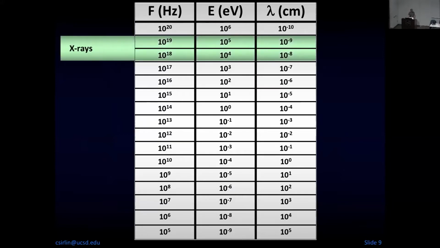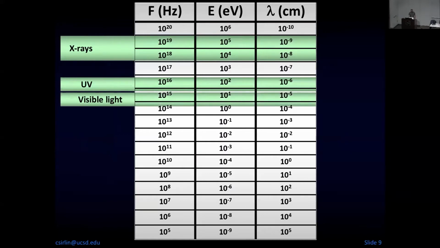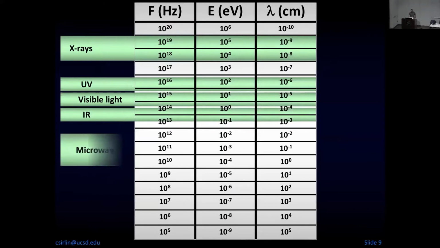Okay, so high energy electromagnetic energy is X-rays. So X-rays have a wavelength of about 10 to the minus 9, 10 to the minus 8 centimeters, very high energy. Ultraviolet light is a little bit less energetic and has slightly longer wavelengths, 10 to the minus 6 centimeters. Visible light, slightly less energetic, slightly longer wavelengths. Infrared energy, even lower energy, slightly longer wavelengths.